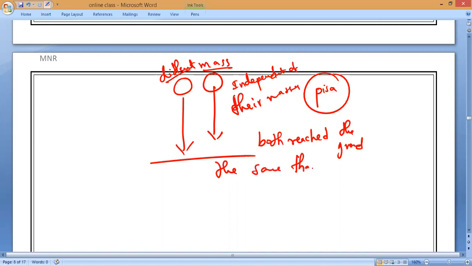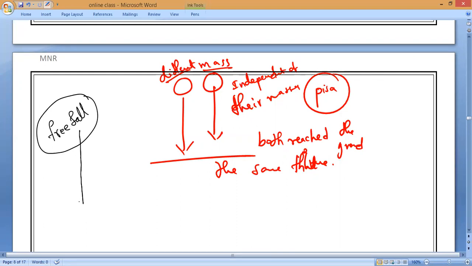Understanding? At that point, they reached the ground at the same time. From that point they defined a definition called free fall. Free fall means no other external force is acting. If a body is falling towards the ground only due to the one force, what is that force, guys?